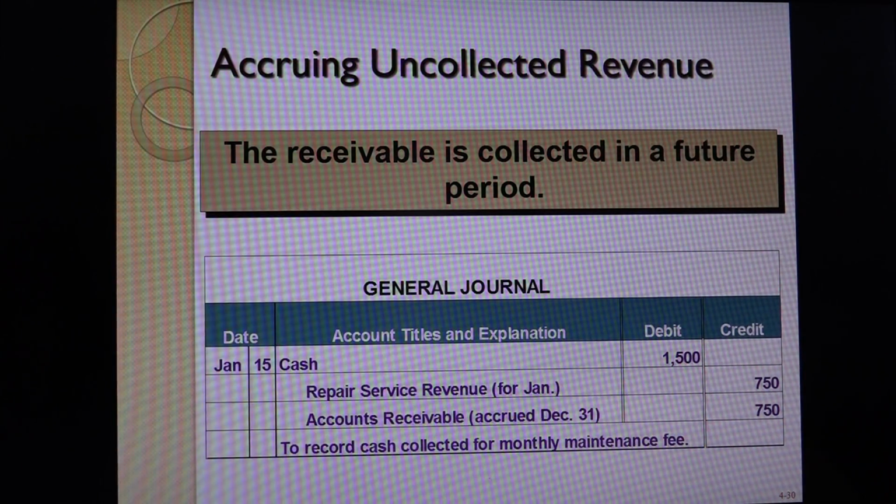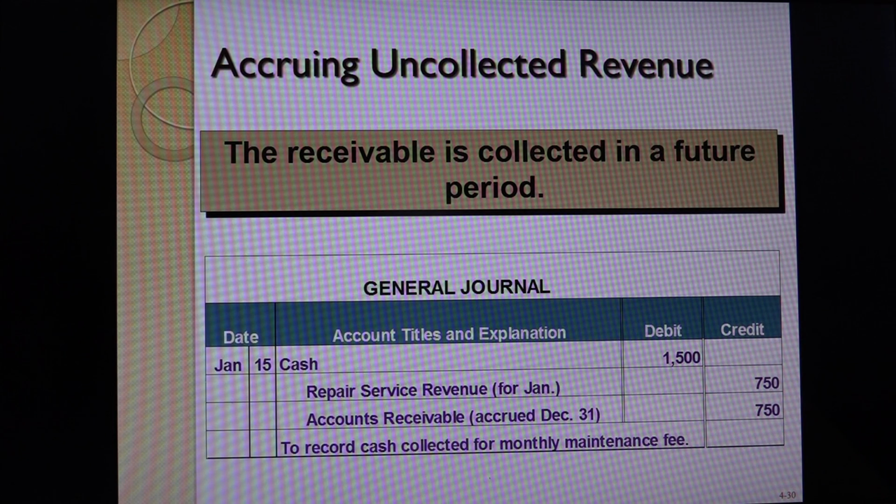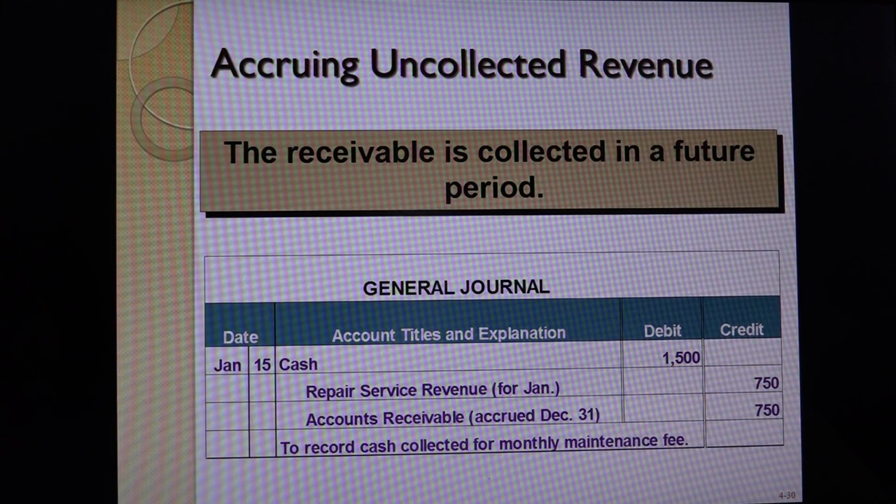Again, we have a compound entry because they're receiving $1,500 of cash, but they already booked $750 of that in revenue for December, but they have not booked the revenue for the first 15 days of January.